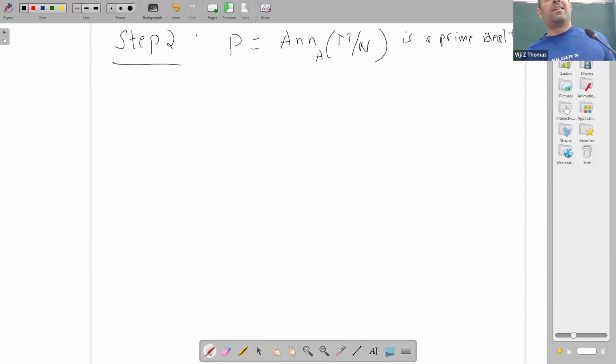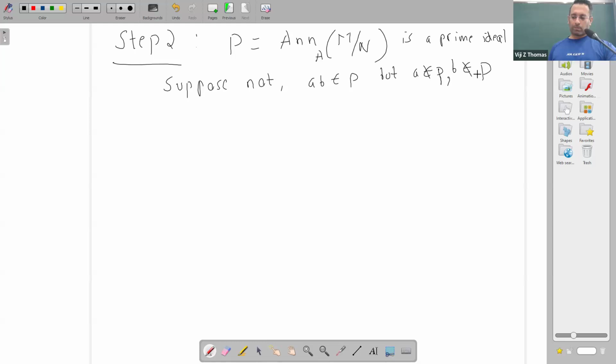What did we say? Suppose not. Then we have elements a, b such that ab belongs to P, but a does not belong to P and b does not belong to P.